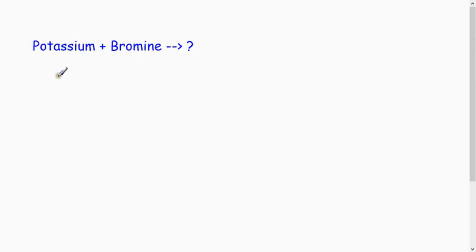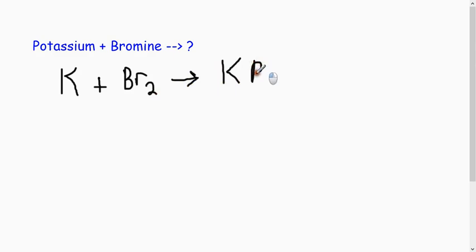Next we have potassium and bromine. Potassium is K, not one of the diatomics, plus bromine, Br, which is a diatomic, forms a compound of potassium and bromine, K with Br.